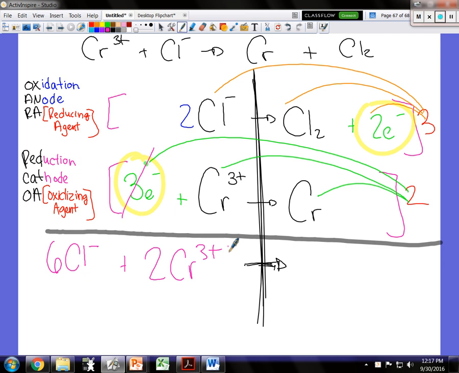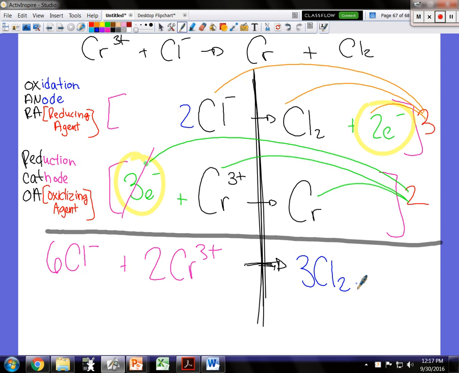Let's go back to the top. So what do I have on the product side of my oxidation half? How many Cl2s? I've got 3 Cl2s. Does that make sense? No. It's a diatomic. Okay? No, sir, it's the ion. Okay?